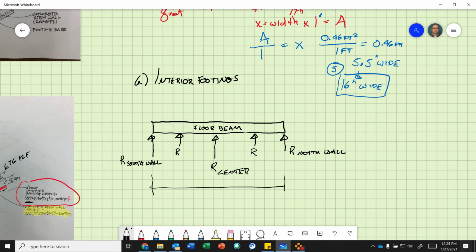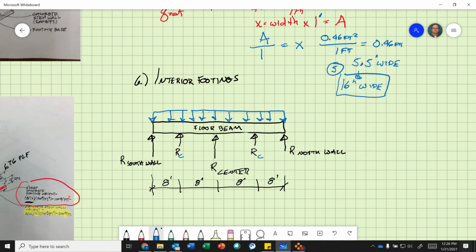You can identify these. Basically, you want to orient things. So if I just draw, we have 8 feet, 8 feet, 8 feet, 8 feet. So now we need to figure out the load on top of our floor beam. Okay, so this is a column, right? Interior columns. By looking at this, which one do you think will have to hold most of the weight from the floor beam?